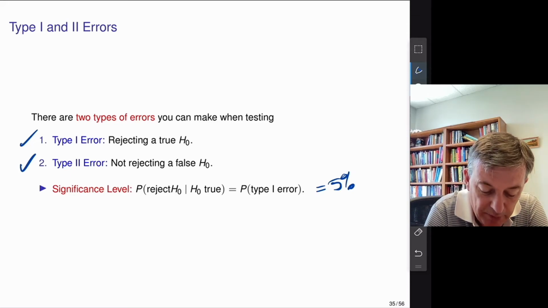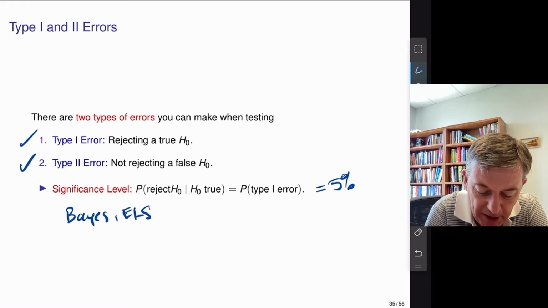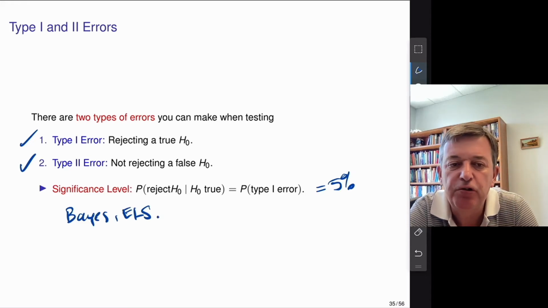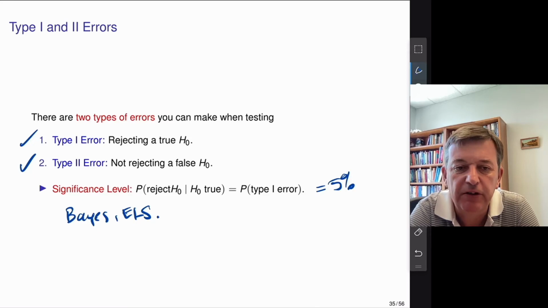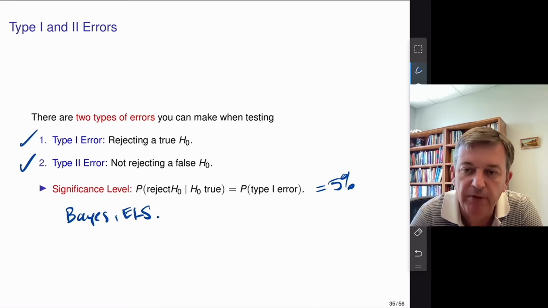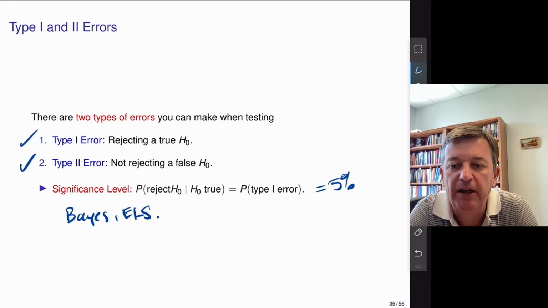And again, I keep on mentioning it, but Edwards, Lim, and Savage, when they describe the Bayes approach, point out that controlling this type 1 error really doesn't make too much sense. It should be more a problem of assessing economic costs between these two competing theories. And again, looking at the likelihood ratio between the two.